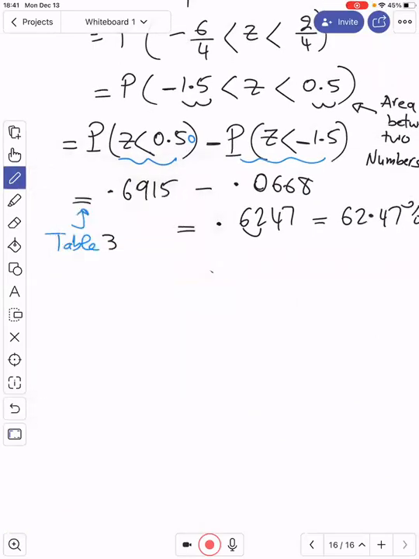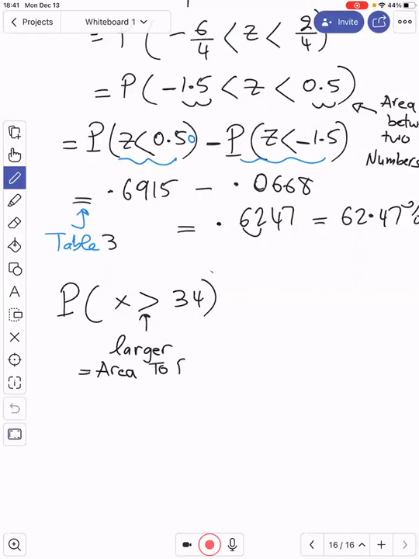We want the probability that x is more than 34, so x is larger than 34. Larger than 34 is the area to the right. If you are more than 34 on the number line, you are on the right side of 34. So this is the area to the right of 34.